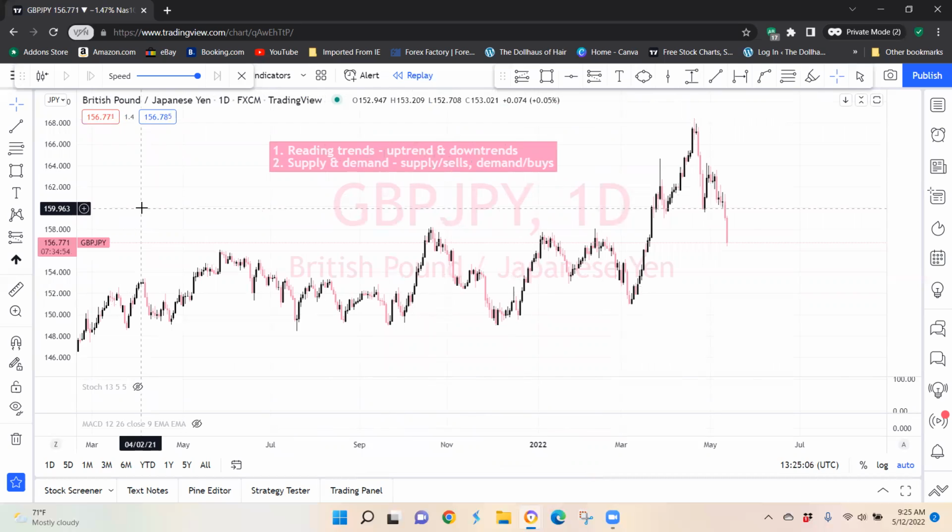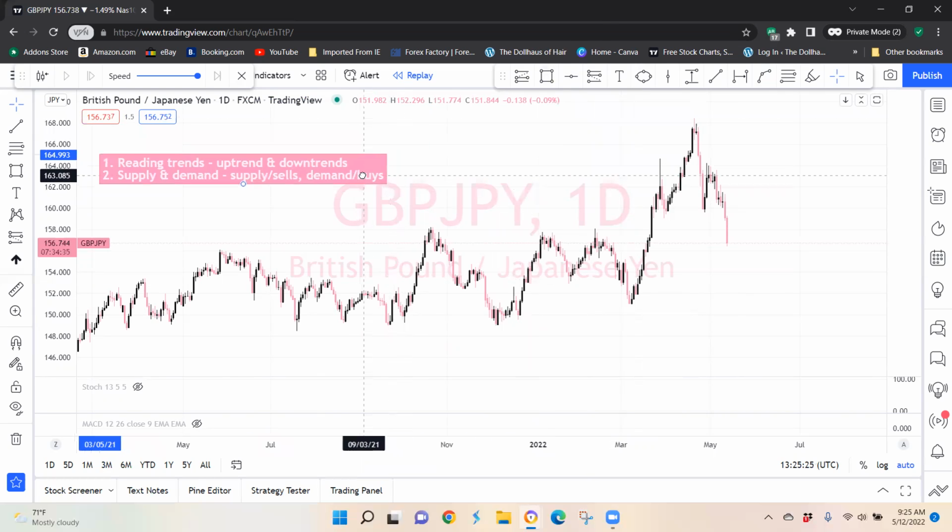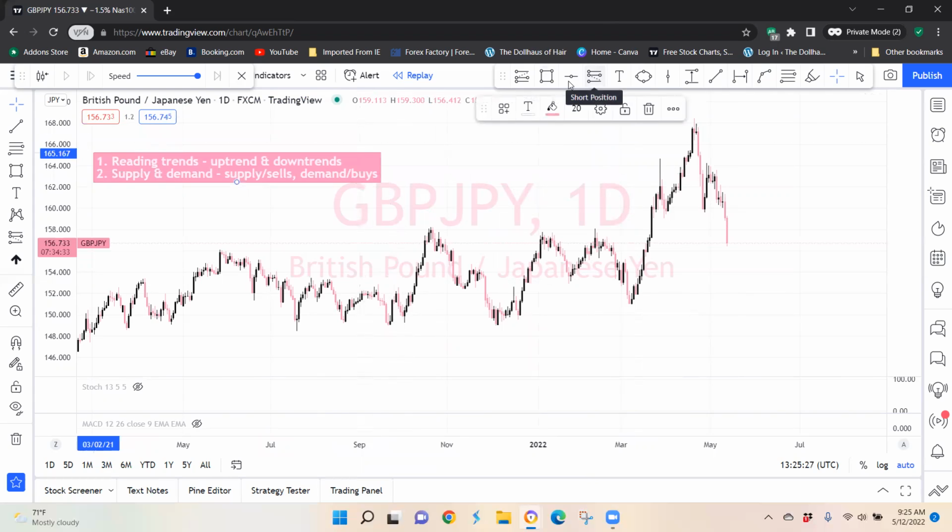Now, supply and demand can be ideally done on any time frame. It doesn't matter the time frame you choose. The best thing you could do is just understand whatever your overall trend is and tie that into your supply and demand zones. I don't want this to get in the way of anything, so I'm going to use my rectangle tool. I always use this to box in my zones.